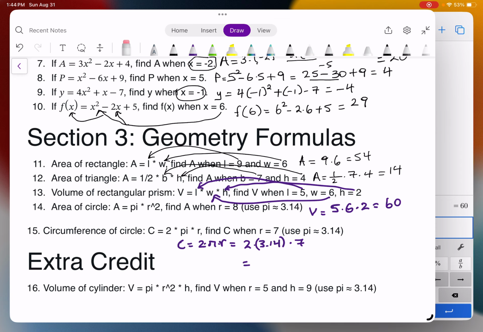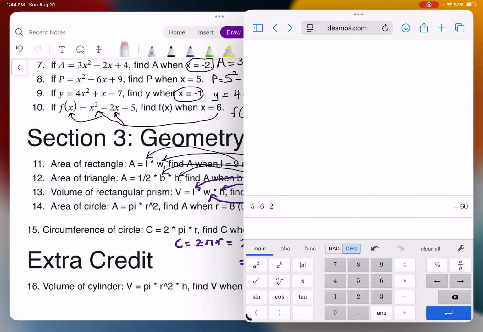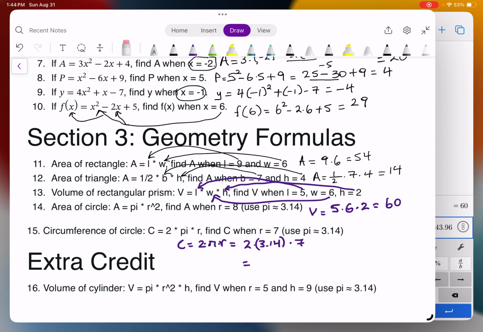Using the calculator, we will say 2 times 3.14 times 7. I did not type in 14, did I? 3.14 times 7. And that will give me 43.96.